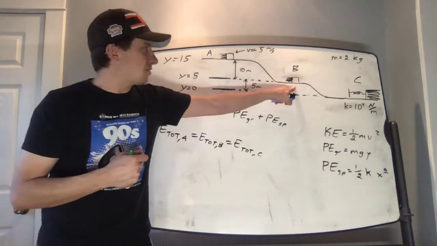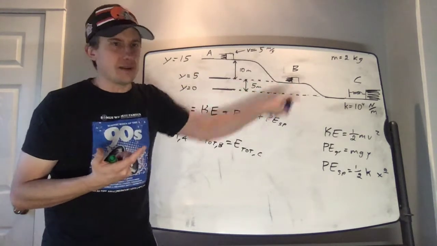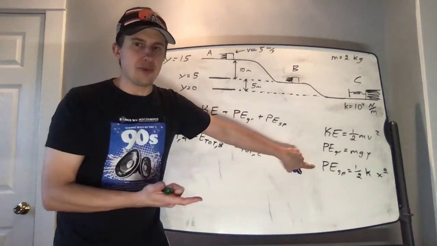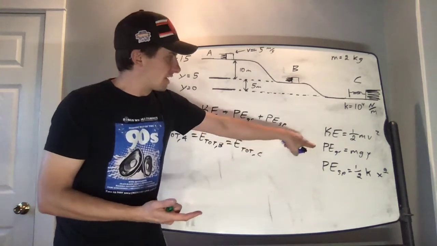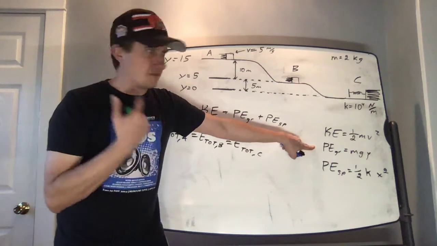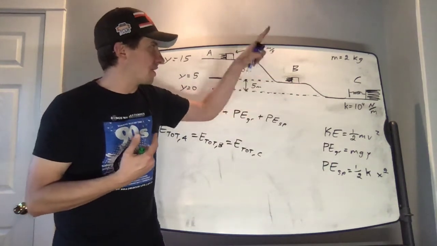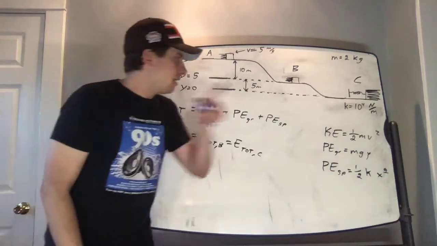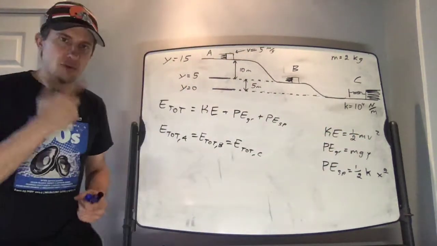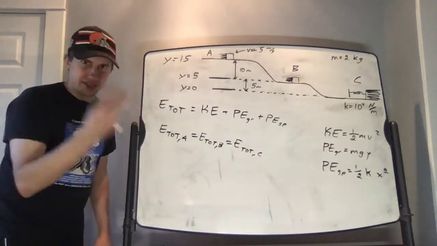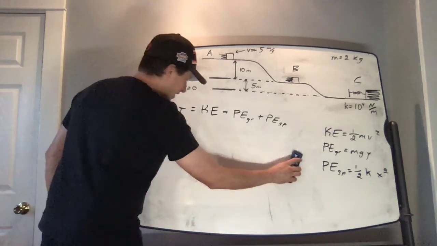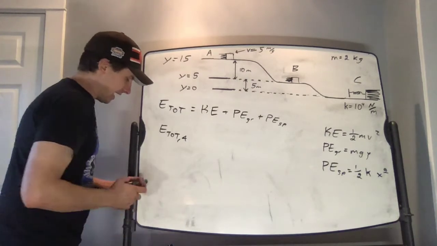However, we do not know the speed of the box at moment B. The gravitational potential energy of the box at this moment will be 2 times 9.8 times 5. We could get a number for that. But if we don't know the speed of the box at moment B, we can't find the total energy at moment B. So that just leaves the total energy at moment A.